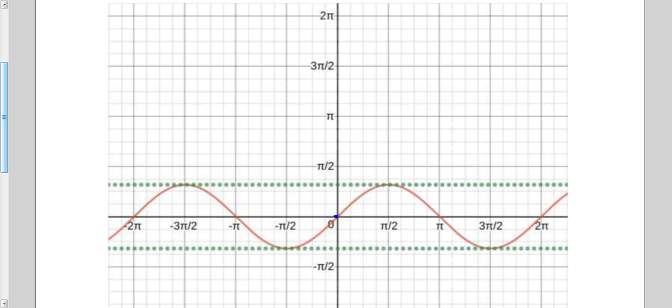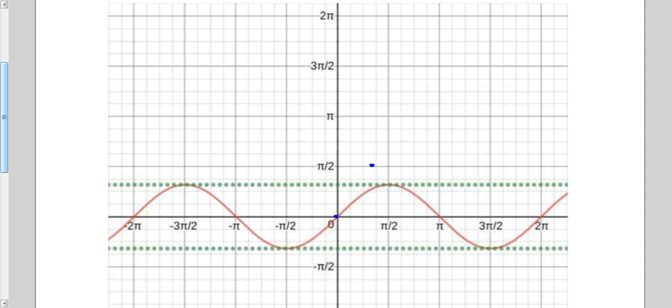0 radians produces what sine? What's my sine over here? 0, right? If I go to pi over 2, I'm at a sine of 1, which is about right there. Okay? And then I go back to pi.